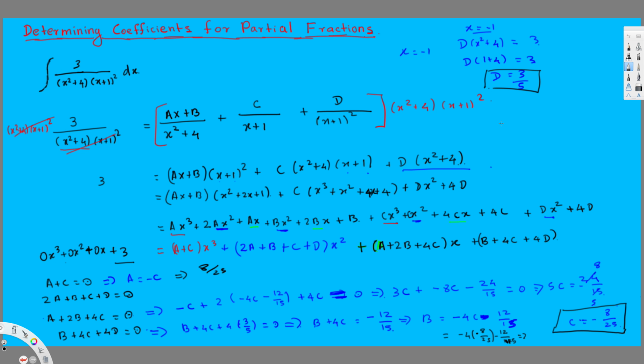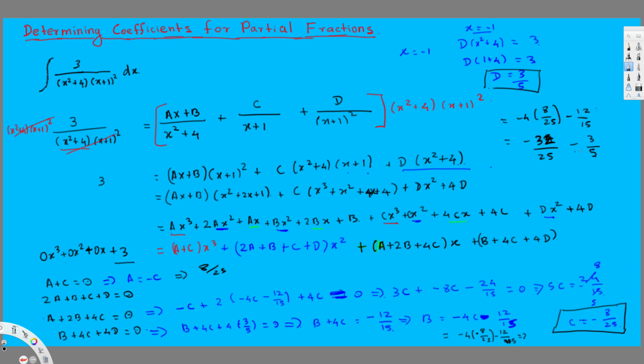Let's continue this one right here. So we have minus 4 times minus 8 over 25 minus 12 over 15, which becomes 32 over 25 minus 3 over 5.